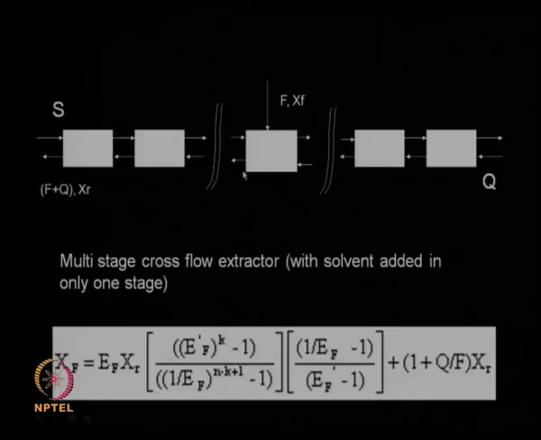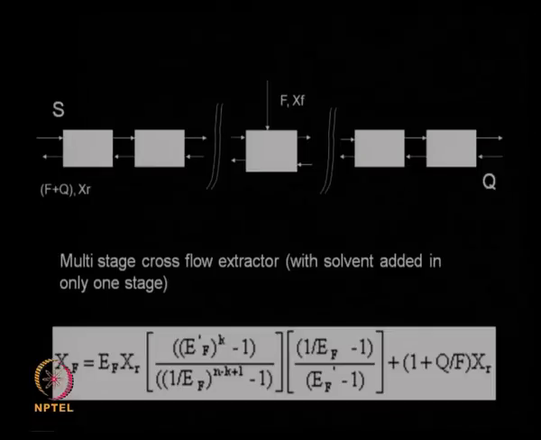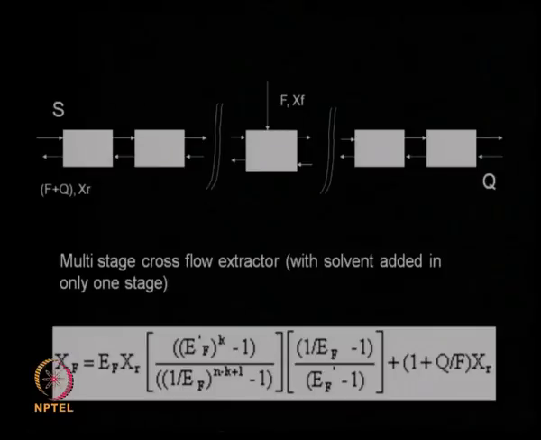So this type of design has one more parameter which you can play around with to improve your separation efficiency, whereas in a countercurrent system you had only N, the number of stages, here you have N as well as K. N is the number of stages, K is the stage at which you introduce your feed. So we can play around with both N and K to get the best separation efficiencies.